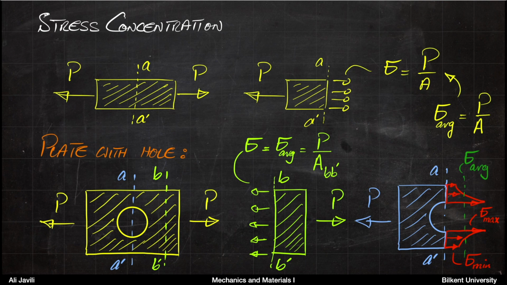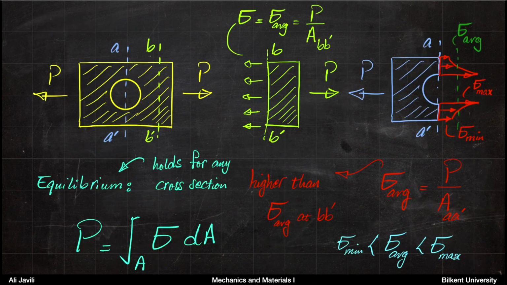So this results in a maximum stress and minimum stress in your stress distribution. And then obviously when you have a min and max stress, then you also have an average stress somewhere in between. But this is also important that the average stress here is not the same as the average stress at BB prime, because you actually have a smaller cross-sectional area.